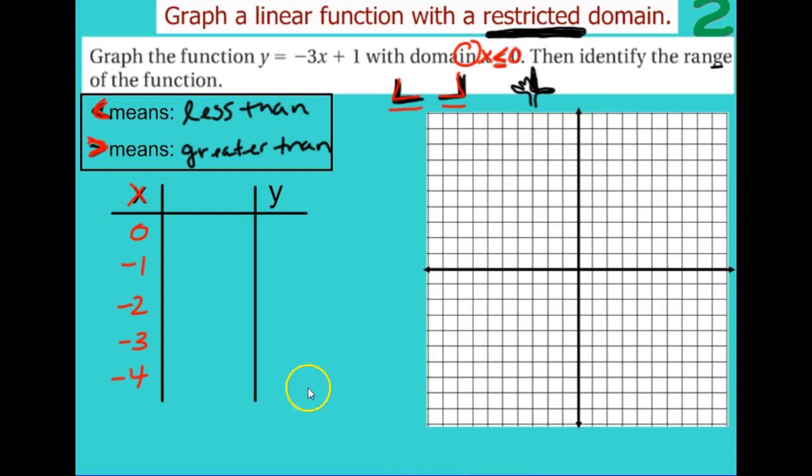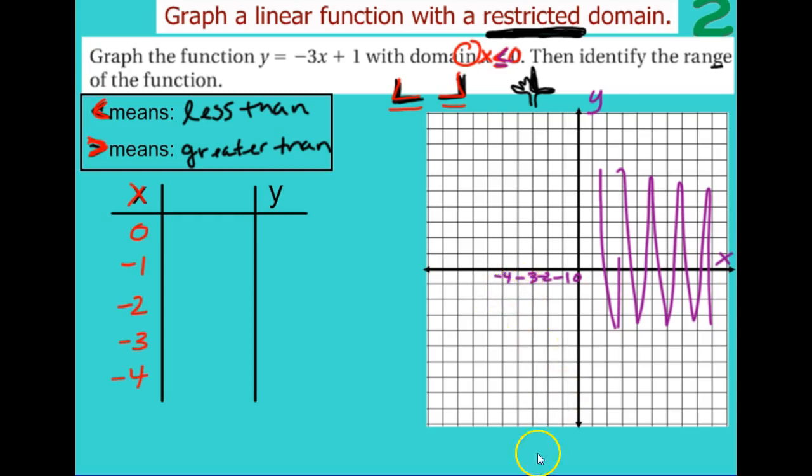I like to plug in 5 numbers. If you want to plug in less, that's fine. So I know my x's only have to be on the negative side eventually when I graph. I know I'm not going to graph anything on this side because the x's are less than or equal to 0. They can't be greater than 0 here. They have to be less than, only on the left side of the graph. Okay?